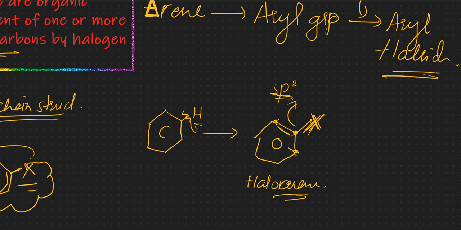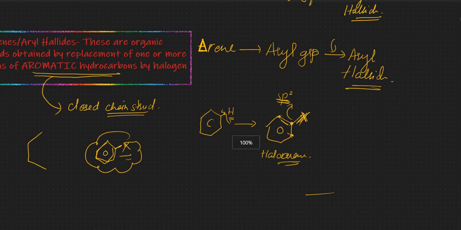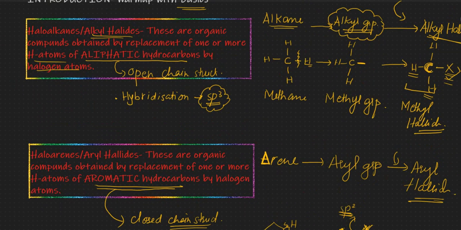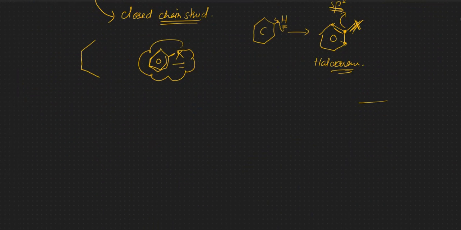That is why we say this is an sp2 hybridized carbon atom. This was about the basic definition of haloarenes and haloalkanes, and in the next class we will have a basic introduction to the classification of these haloalkanes and haloarenes.